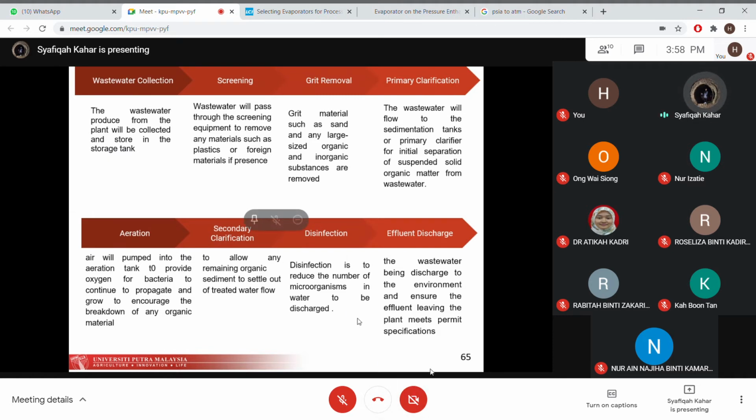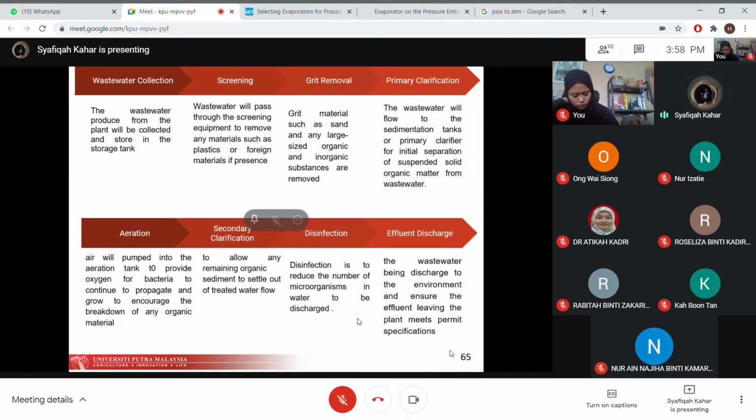The wastewater will come to the sedimentation tank or primary clarifier for the initial separation of suspended solid organic matter from the wastewater. Then we proceed to the aeration process, where air will be pumped into the aeration tank to provide oxygen for the bacteria to grow and to encourage the breakdown of any organic material that will form the biomass waste.